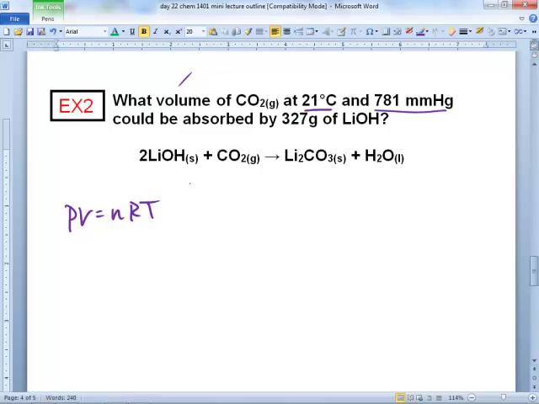So we know P. We're going to solve for this one. We know R. And do we know T? Yeah. All we're missing is little n. So how would we get it?